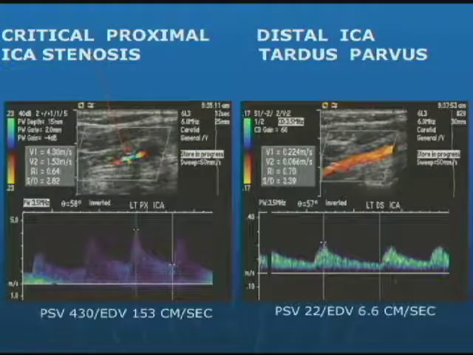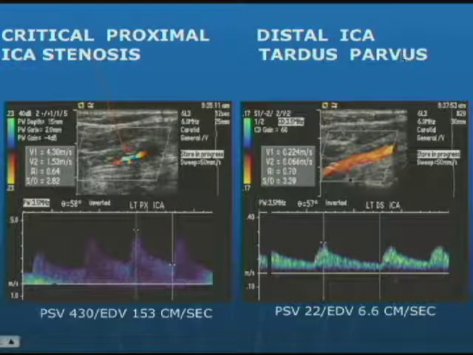Here is an example where tardus parvus comes into play. The patient has a critical proximal internal carotid artery stenosis with a peak systolic velocity of 430 centimeters per second. So this is a critical stenosis. And beyond that, in the distal internal carotid artery, the flow is only 22 centimeters per second.